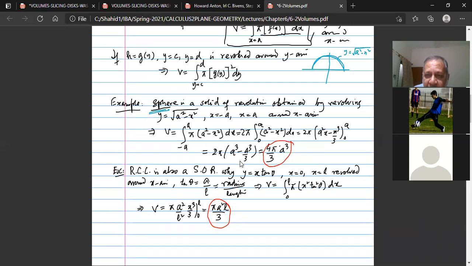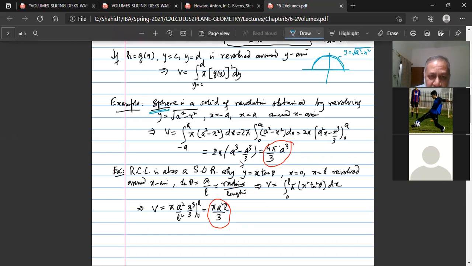Now if I revolve this around the x-axis, I will generate the sphere. So y is equal to square root of a square minus x square, from x is equal to minus a to x is equal to a, revolved around the x-axis, I will get the solid of revolution, which is nothing but a sphere, because this is a half circle.